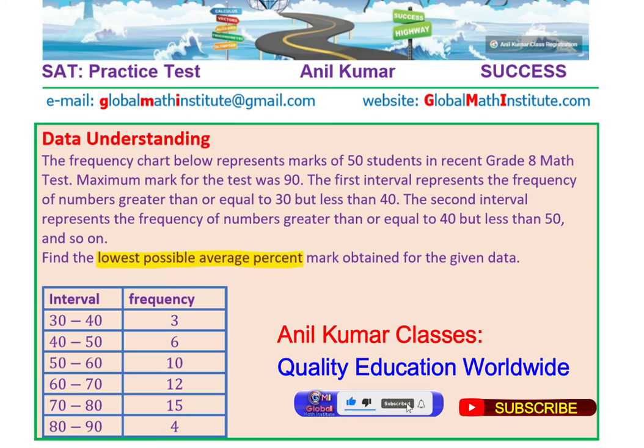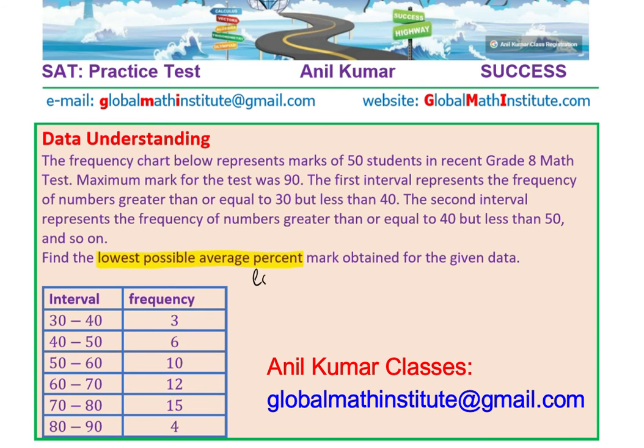So this time we are not looking at the highest marks, we are looking at the lowest marks. So make your new table. Lowest means for these three students, the frequency is 3, so 30 into 3.